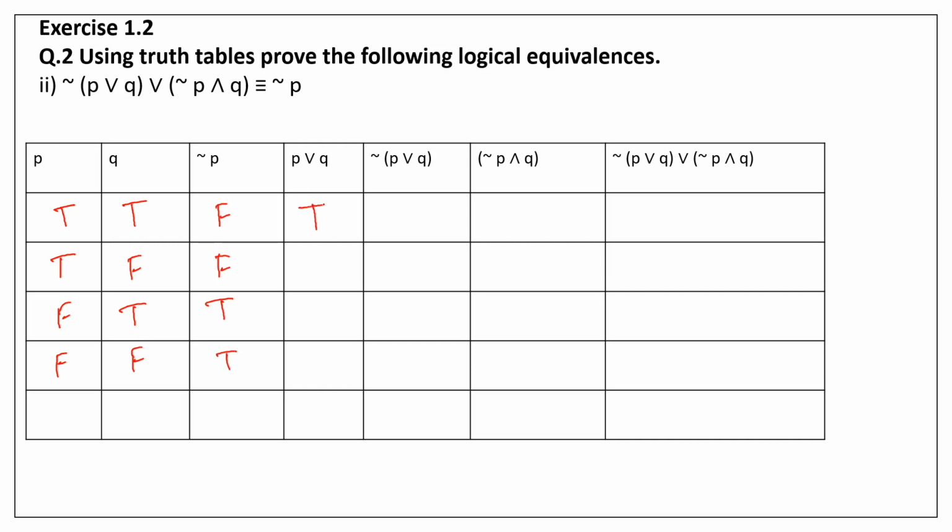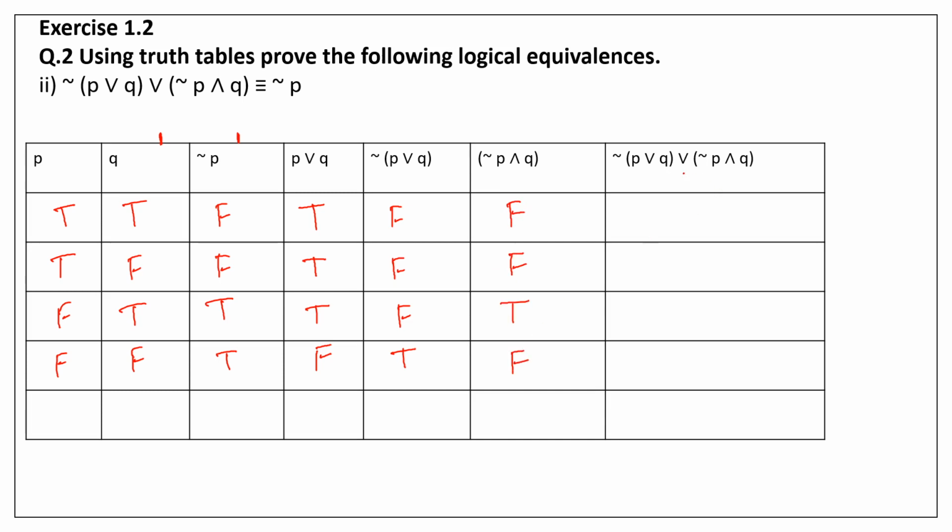So this will be T, T, T, F. Negation of P or Q, this will be F, F, F, T. Now next, negation of P and Q. What will be this? TF, F, FF, F, TT, T, FT, F.